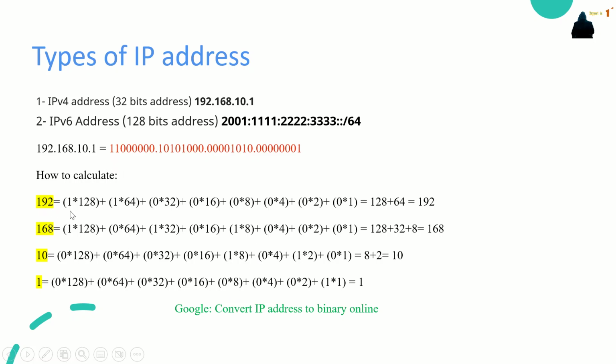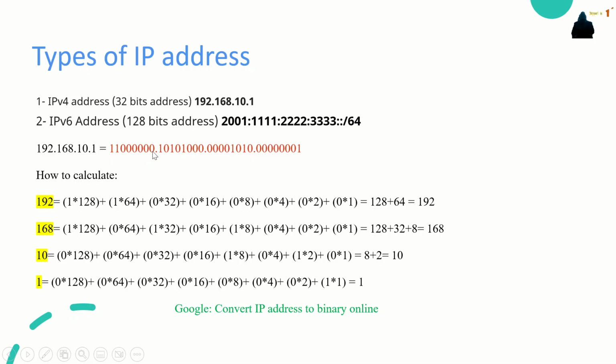For example, you can write the first number times 128. The second number should be multiplied by 64, and then 32, 16, 8, 4, 2, and 1.